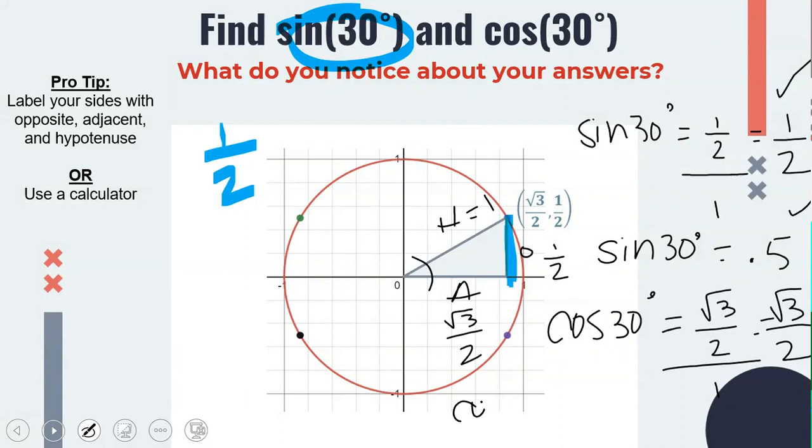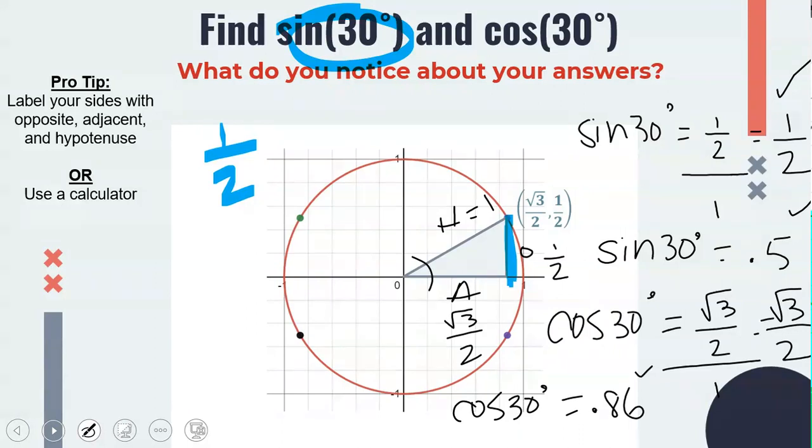And if you plug in cosine of 30 degrees in your calculator, that's 0.86, roughly. And if you put in the square root of 3 divided by 2, it's 0.86 as well.